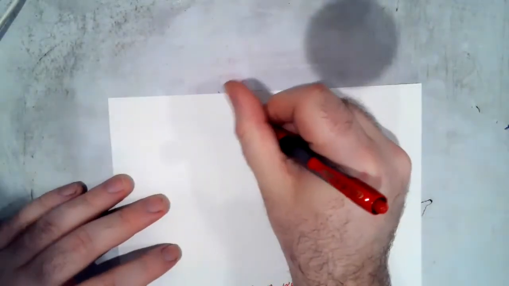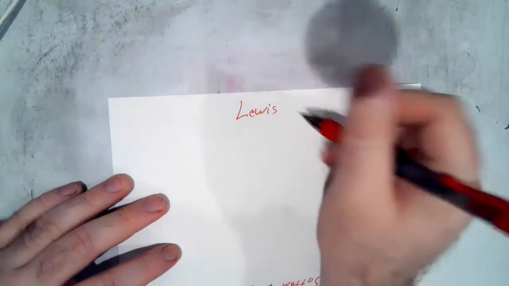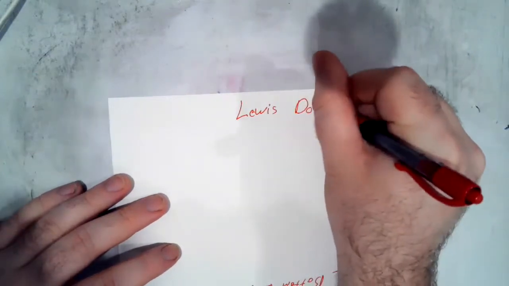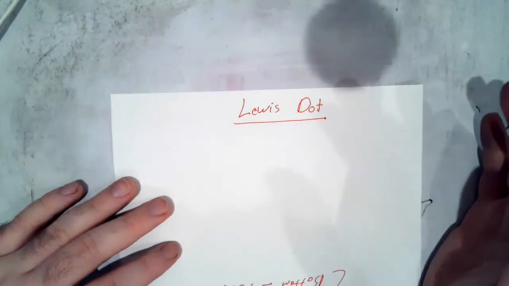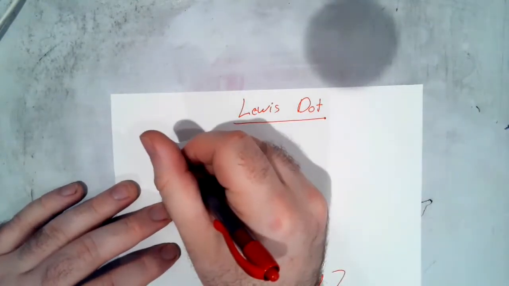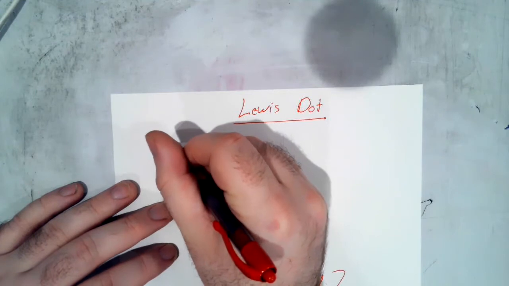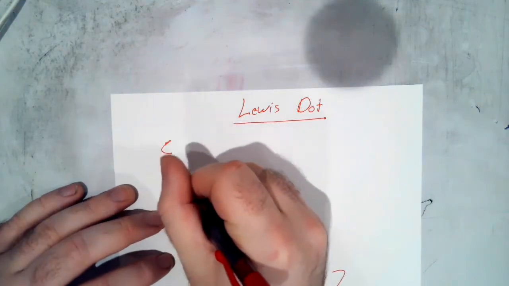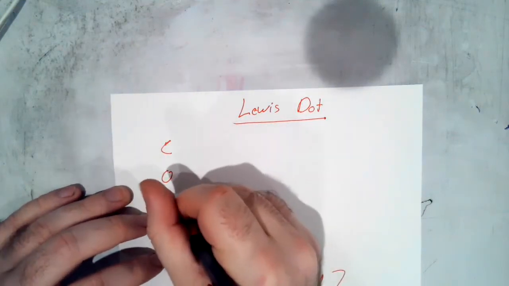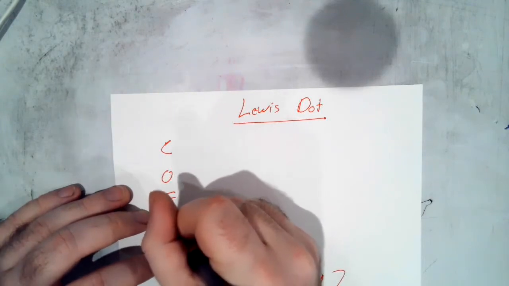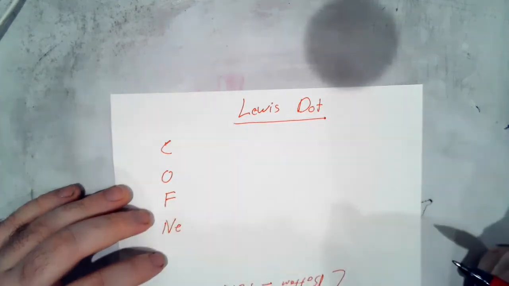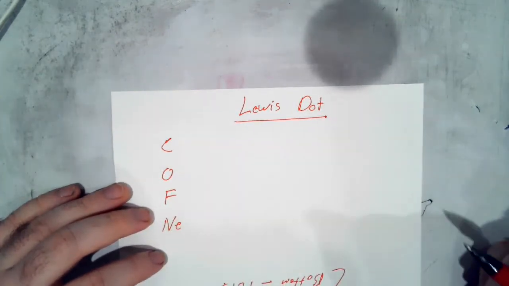So we didn't get a chance to practice it because we're not in school, but Lewis dot is super easy. If I asked you to give me the Lewis dot structure of the following, hopefully you know how to do that. But let's do them together.